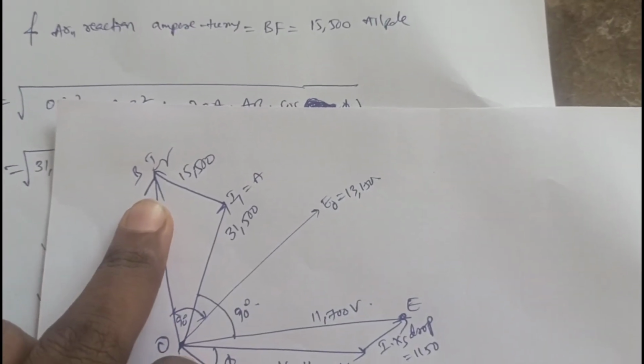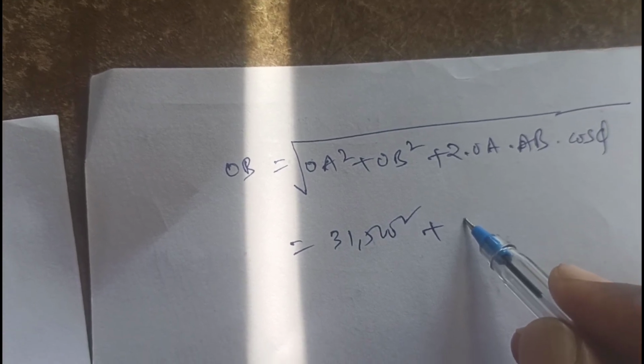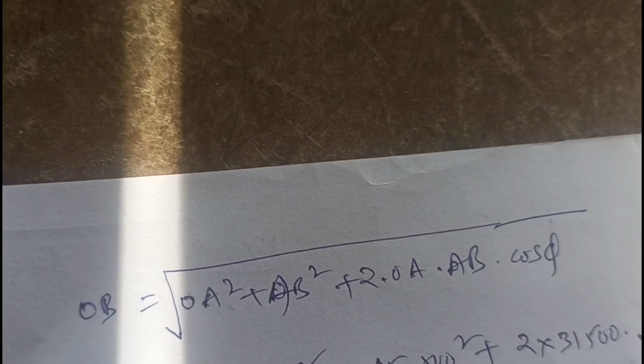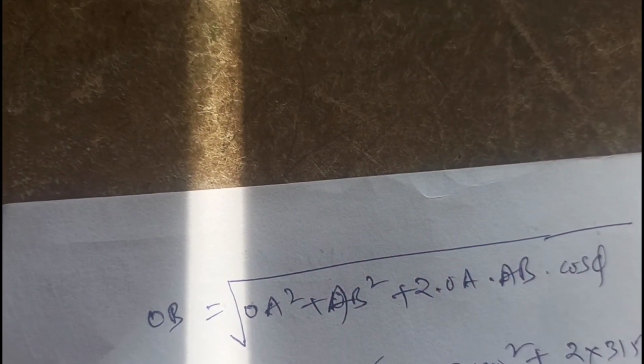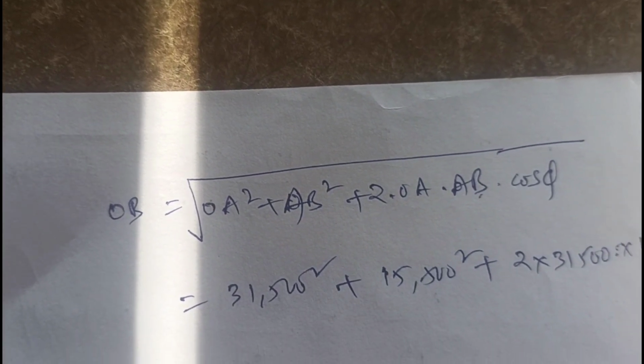This is the OB, and this is the OA and AB. OA is 31,500 square plus AB, 15,500 square, plus 2 into 31,500 into 15,500 and cos.